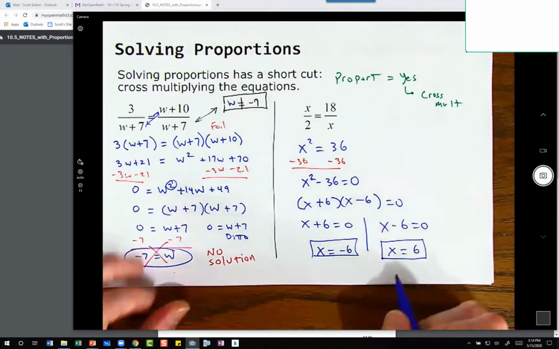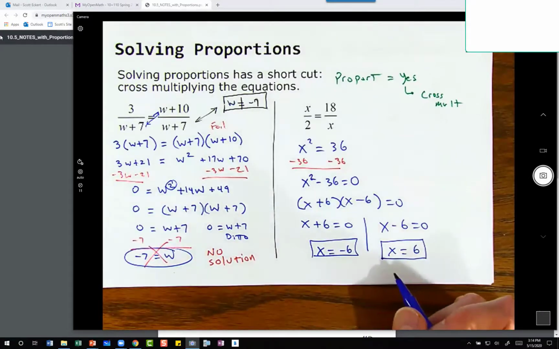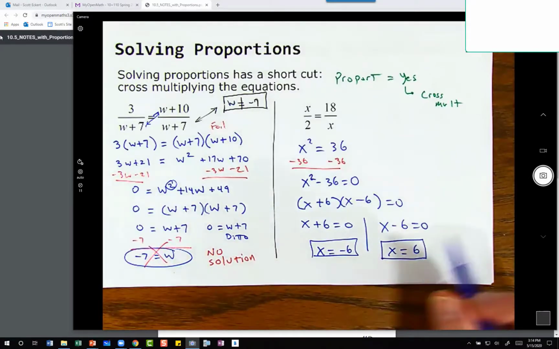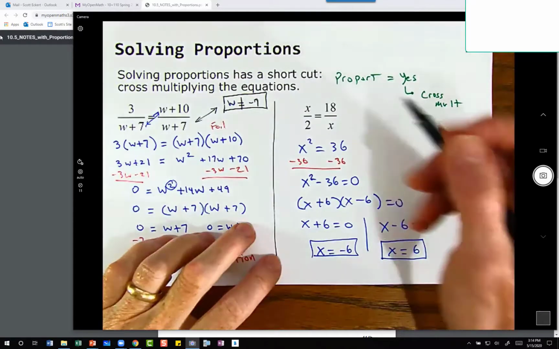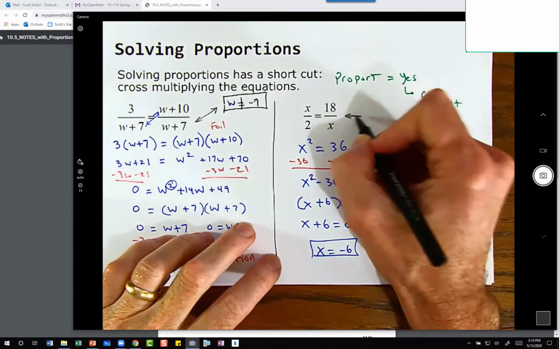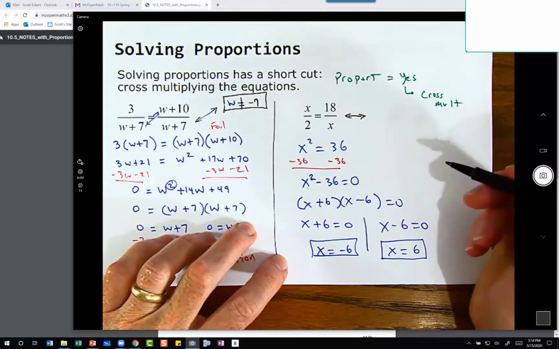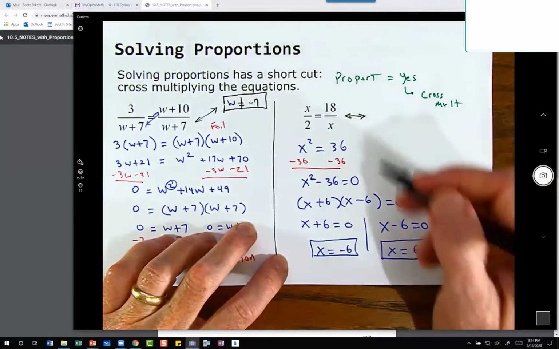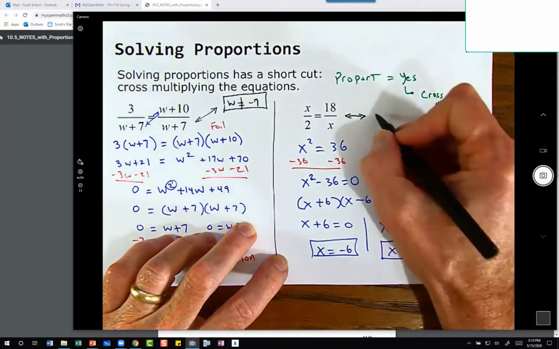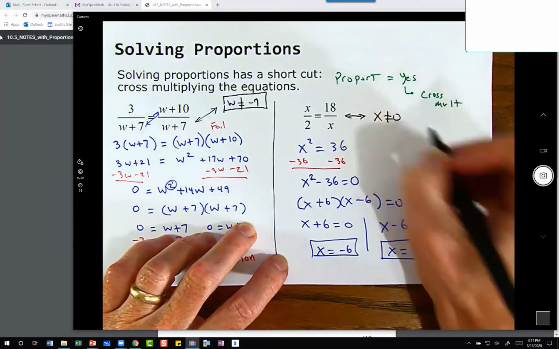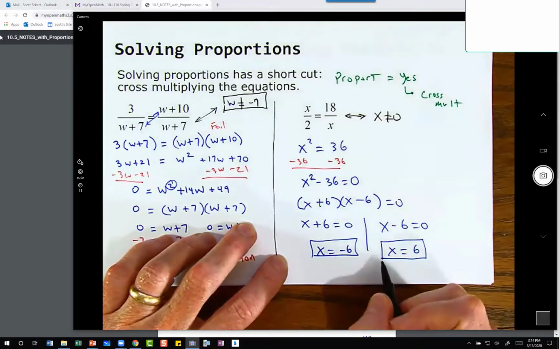Are both of these numbers approved answers? We didn't really take note at the beginning, which maybe we should. Maybe I'm being a little lazy here, but you do need to check against restrictions. X is not allowed to be 0. So these 2 numbers are okay.